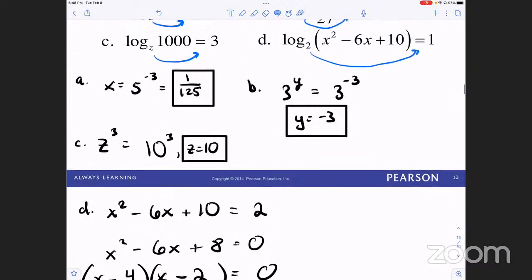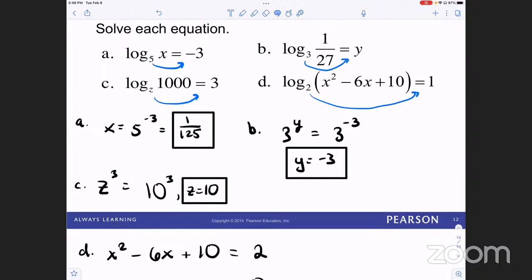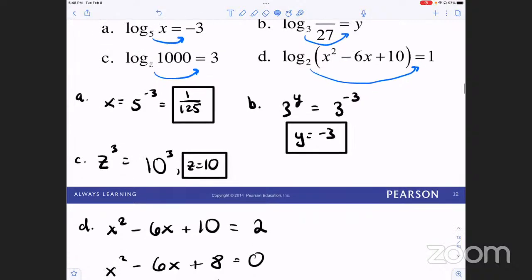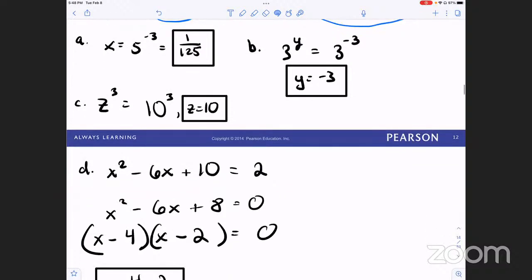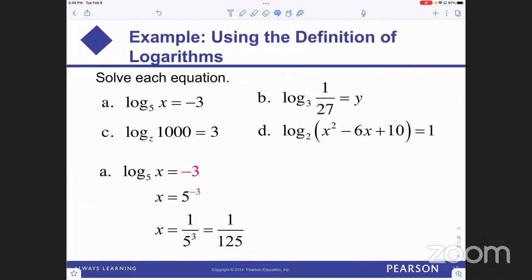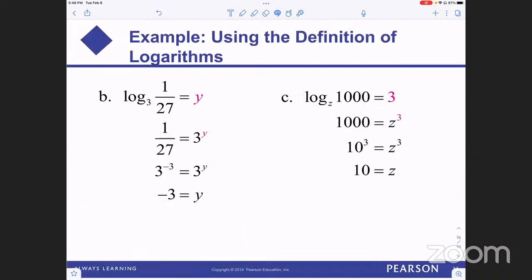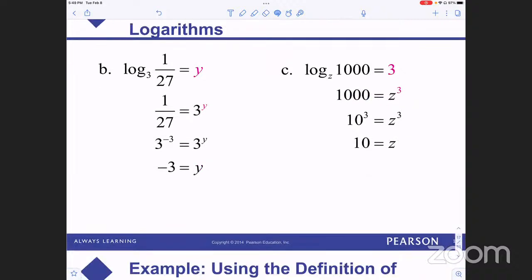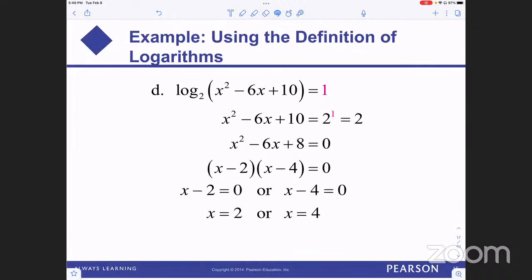And then if we say the log of when x is 2 divided by log of 2, the answer is still 1. We got 1 over 125, negative 3, 10, and then 2 and 4.